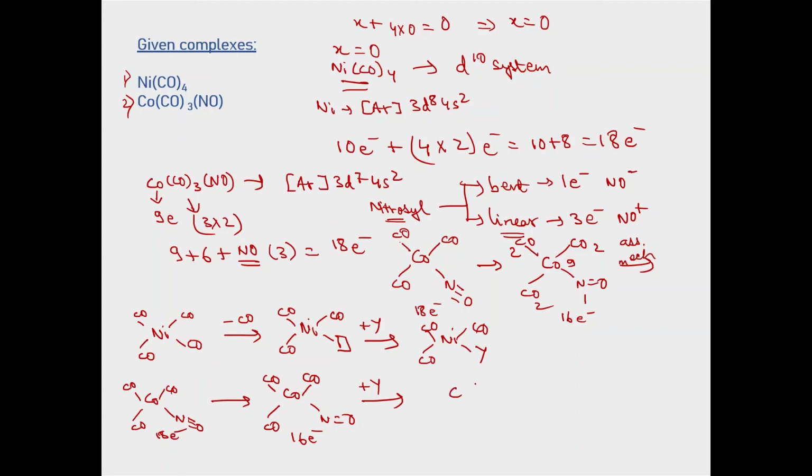So cobalt with 3 carbonyl, 1 NO, sorry, not 3 carbonyl, 1 NO. It will be coordinated with 3 carbonyl, 1 nitrosyl ligand, and this incoming ligand Y, and then one of the carbonyls will get eliminated and we will get the ligand substituted product.